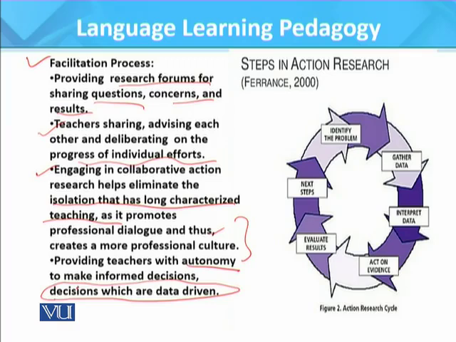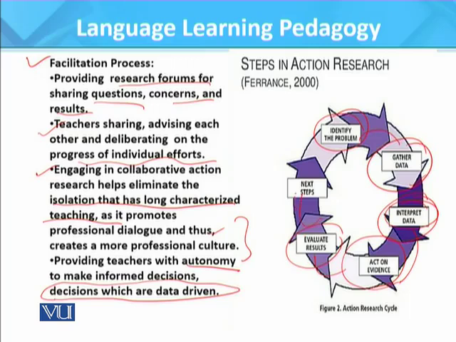The typical steps in action research are that you identify the problem and then you gather data. The data can be in the form of student samples or any resource or information that you are using, and then you interpret that data. Based on that, you act on the evidence. That evidence comes from the interpretation of the data. Then you evaluate the results.